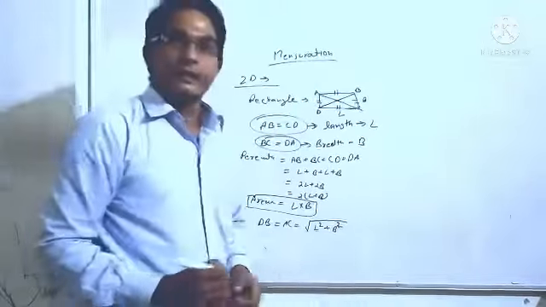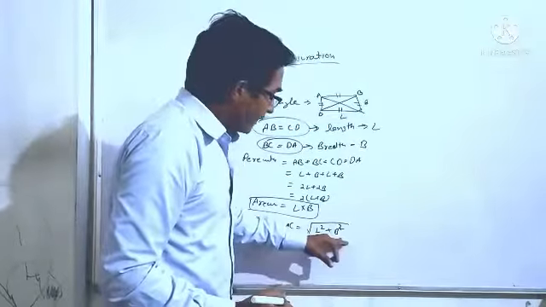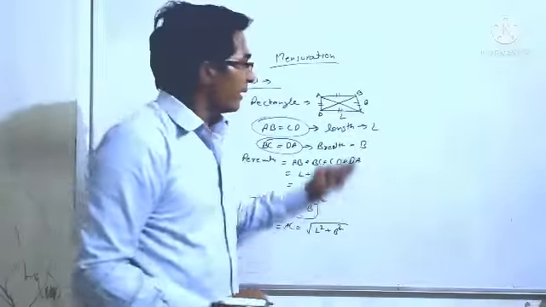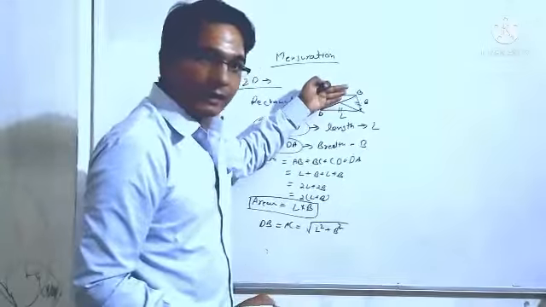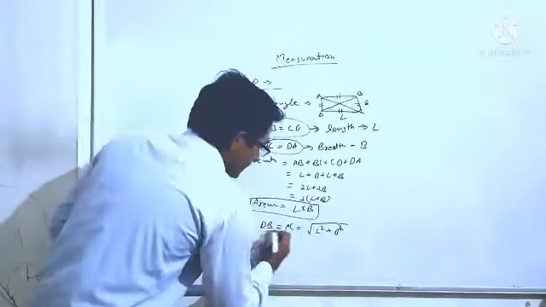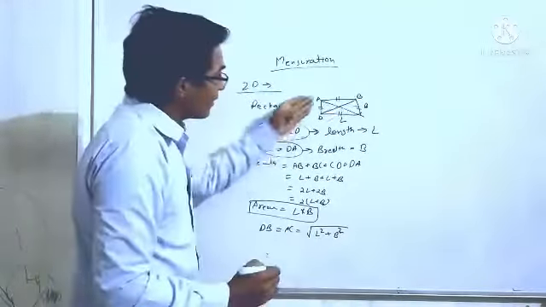I have already discussed that this comes from the Pythagoras theorem, as we can see that this looks like a triangle. So BD and AC are known as the diagonals.